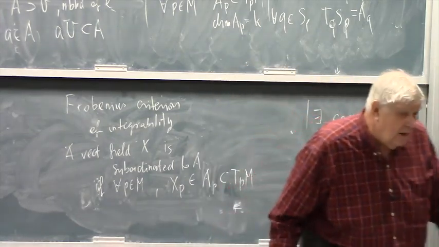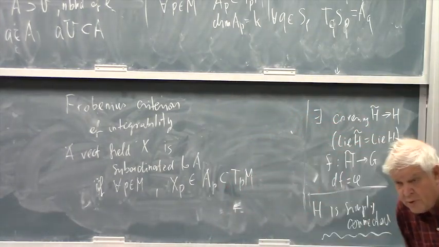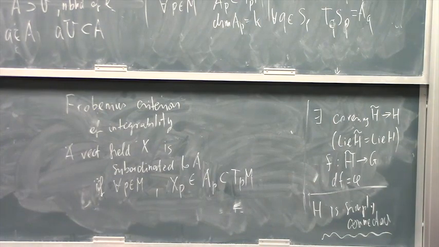You understand? So I take a vector field which, for every point, takes a vector from this distribution. Is it clear? Now, the criterion, maybe you can guess. A distribution is integrable if and only if the commutator, you can call it Lie bracket.